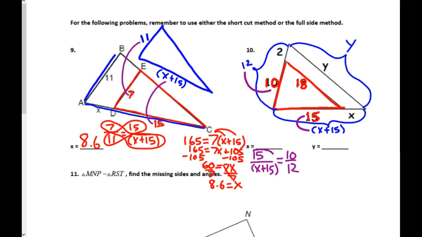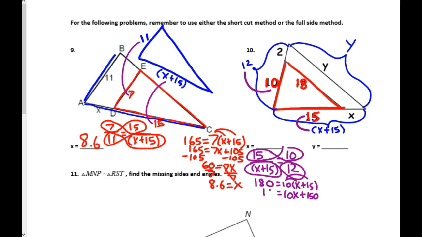Cross multiply 15 times 12 is 180. And then when I cross multiply this, it'll be 10 parentheses x plus 15. 10 times x is 10x. 10 times 15 is 150.